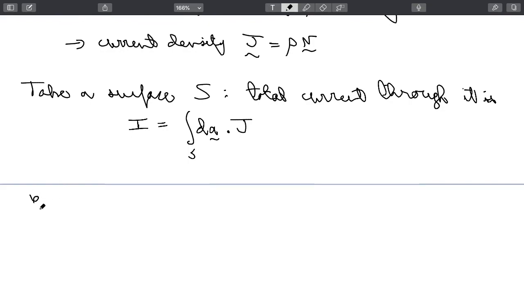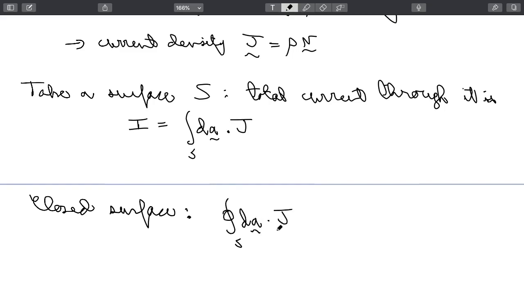If we have a closed surface, what we can do is use the divergence theorem, and that just tells us that we can equate this surface integral with the volume integral of the divergence of the current density.